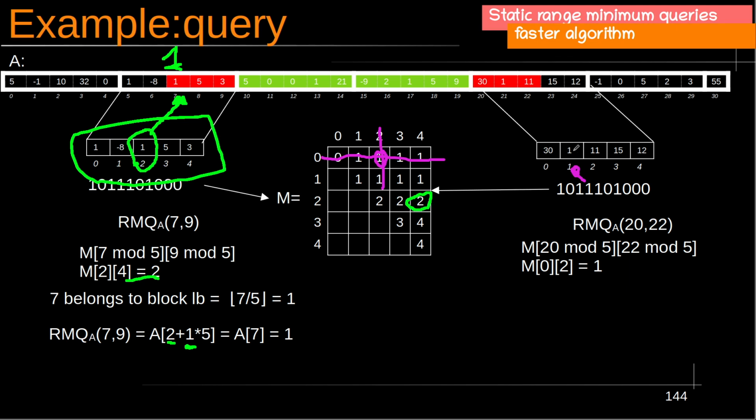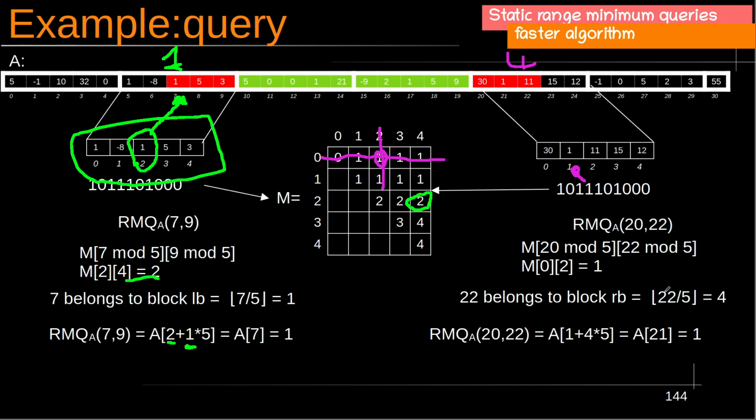Now we have to compute the index that corresponds to 1 in the original array A. 22 belongs to the block RB, the right block, which is 22 over 5, equal to 4, so it belongs to block number 4, as you see here. We can now compute the RMQ. We know the position in the block from the matrix, which is 1.